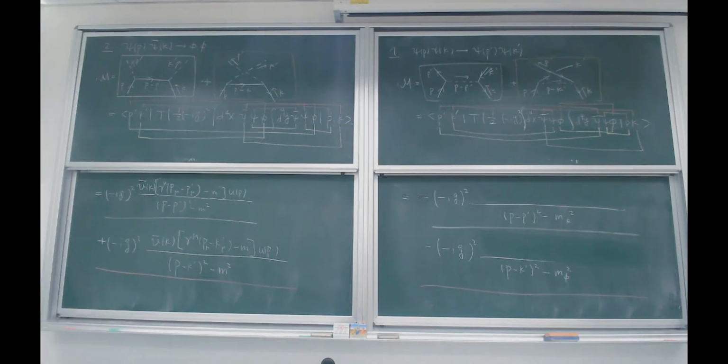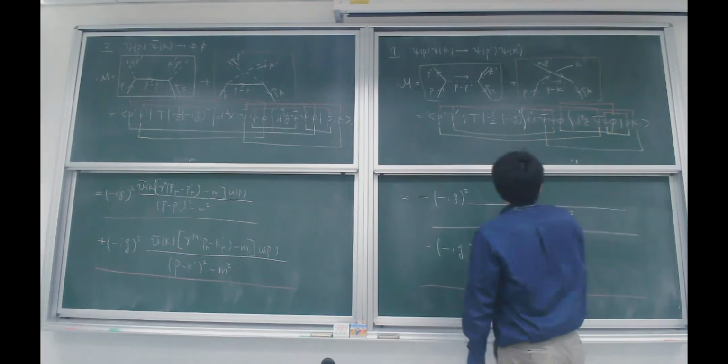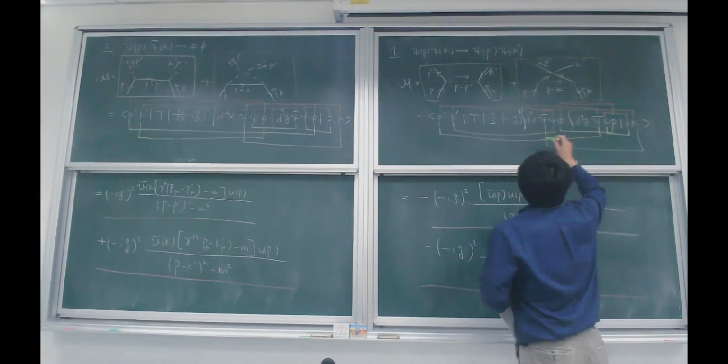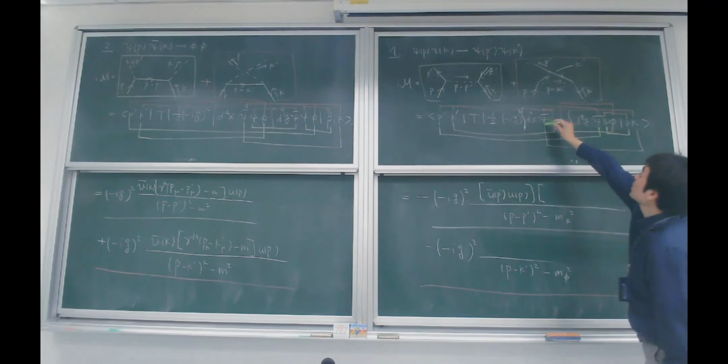And then what you get is u of P, and the psi bar is contracted by P prime, so therefore u bar. And then here, this one is contracted by this guy, so therefore b bar K. And this guy is contracted with the K prime.